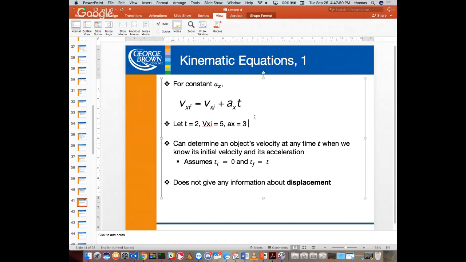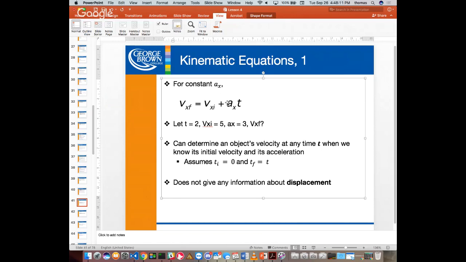What is my final velocity? Then my final velocity across the x-axis is, what is it? How do I figure that out? Plug it in. It's just substitution, right? So remember, in mathematics, I work the multiplication first.